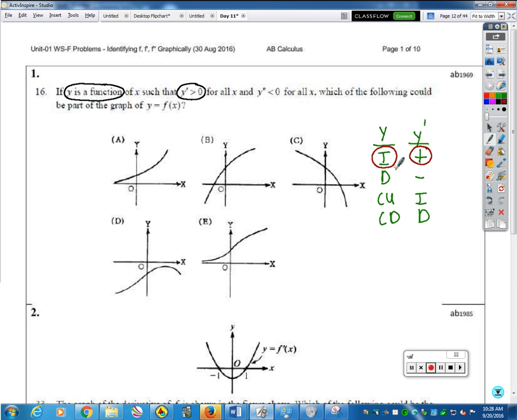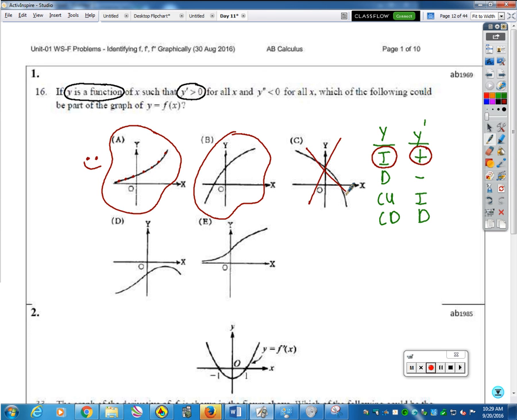So Lexi, are these y values of the function y increasing or decreasing? Increasing. So this one could work, possibly A. How about B, Lexi? Also increasing. C. So that one's out.